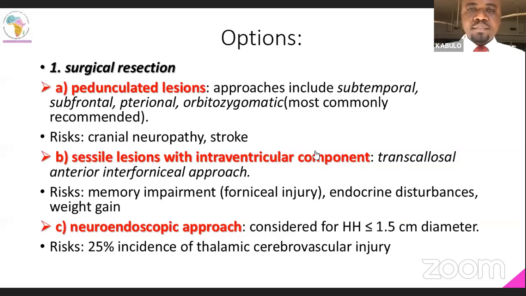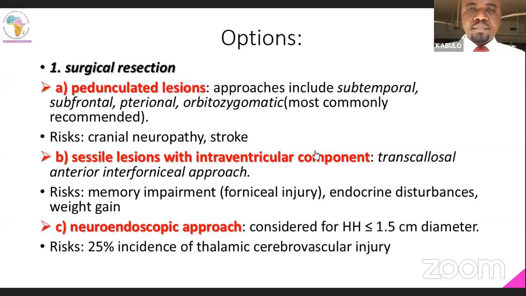And options for surgery depend on the type of the hamartoma. When you have the pedunculated one, you can go through a subtemporal, subfrontal, pterional, or orbitozygomatic approach, which is the most commonly recommended. Here the risk is cranial neuropathy, because remember, before you reach there, you have to cross many cranial nerves on your way.